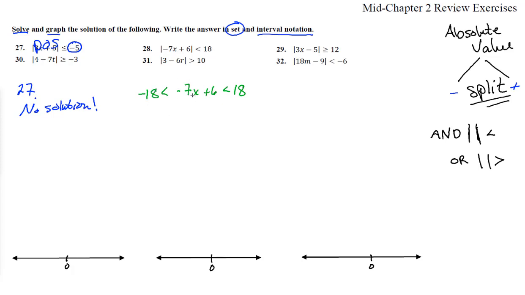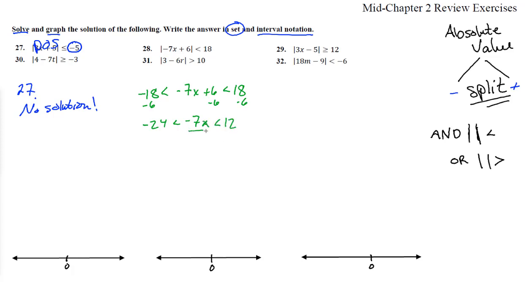We can write it as a compound inequality. Notice that the negative 18 has this sign switched. It looks like it's going the same direction, but the negative 7x plus 6 is on the bigger side of the inequality. So subtract 6 from all three places, and we get negative 24 less than negative 7x less than 12.